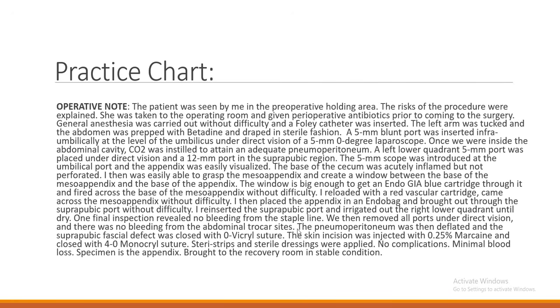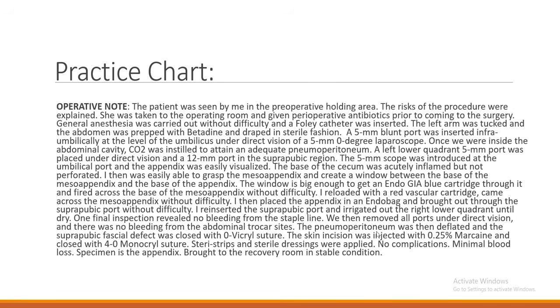So the physician is telling that I have removed the appendix through the endo bag using the suprapubic port. There was no problem after removing the appendix. Afterwards, I removed all the ports under direct vision, and there was no bleeding from the abdominal trocar site.